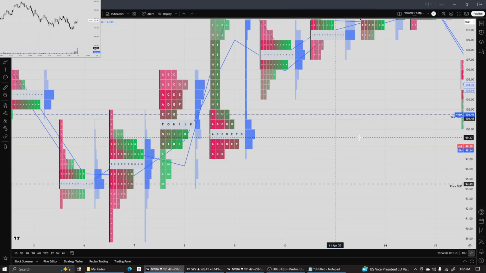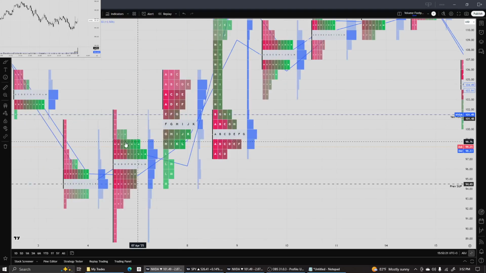Right now the price is at 98. Let's say this area, the 100 price range, is where most of the volume was done because it was value area on this day. This day was lower.